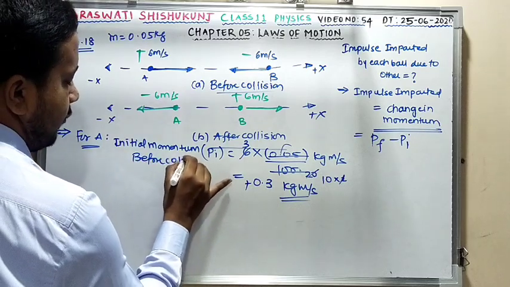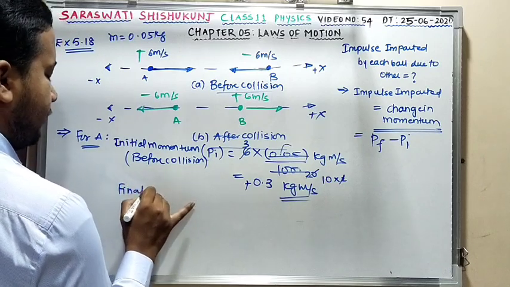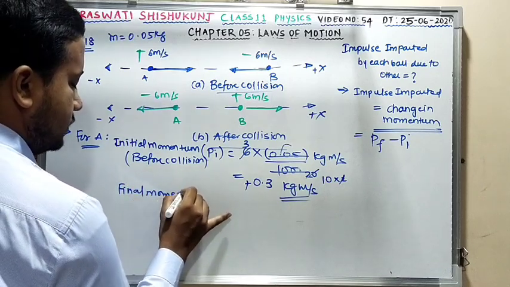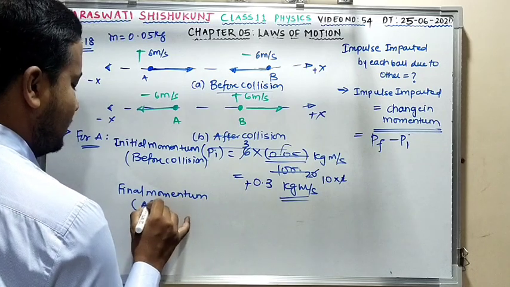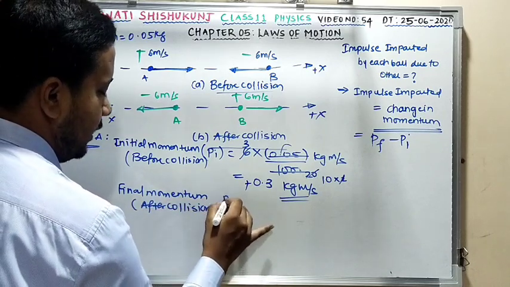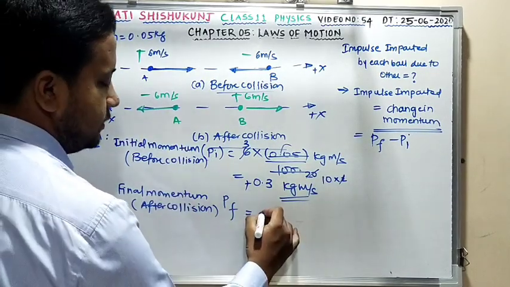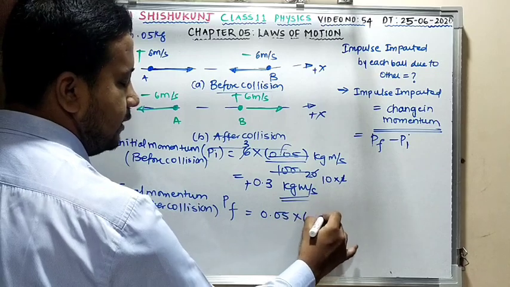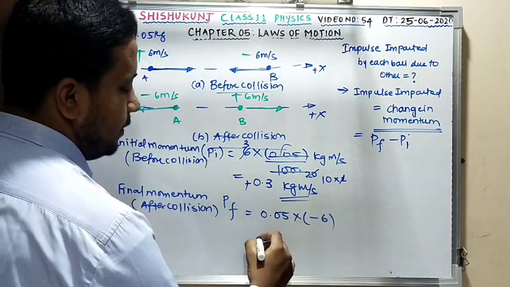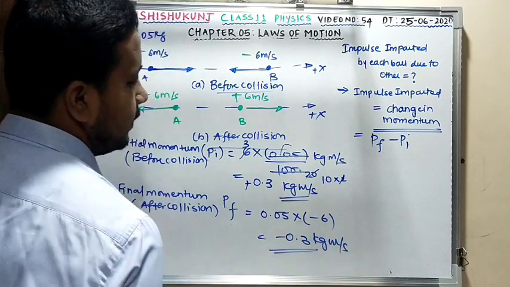Remember, before collision. Clear? Now I want to calculate the final momentum for ball A, that is after collision. That is denoted by the letter Pf. Again mv. Final condition of A: m is 0.05 kg and velocity is minus 6. So my answer is minus 0.3 kg meter per second. Clear?